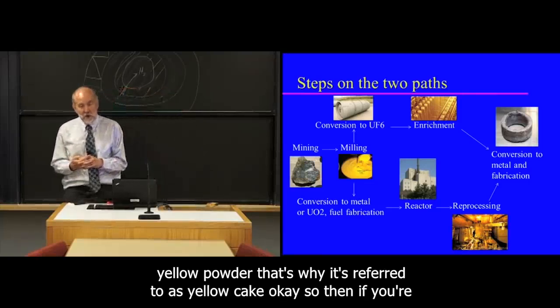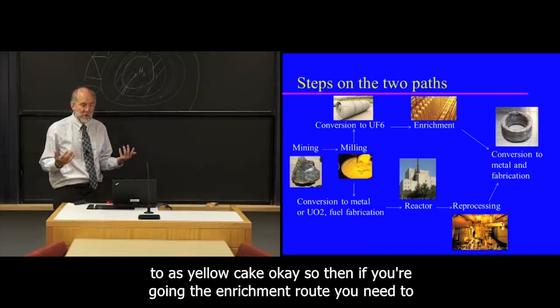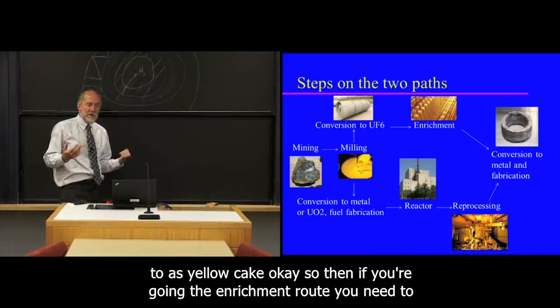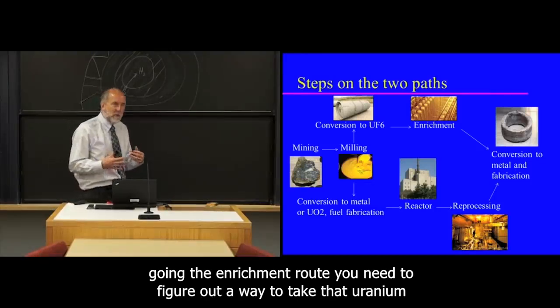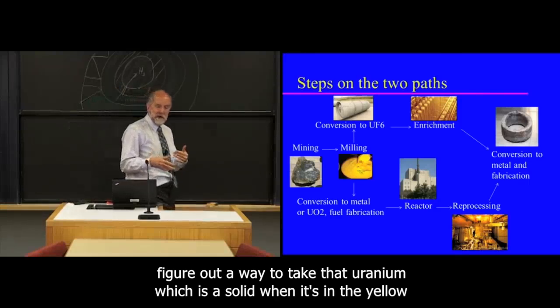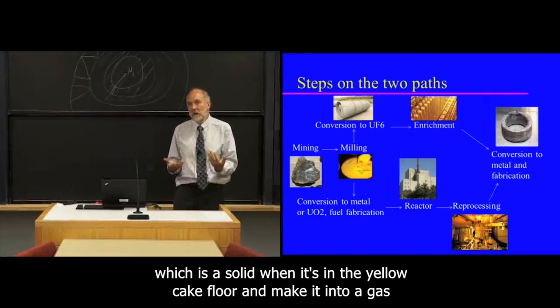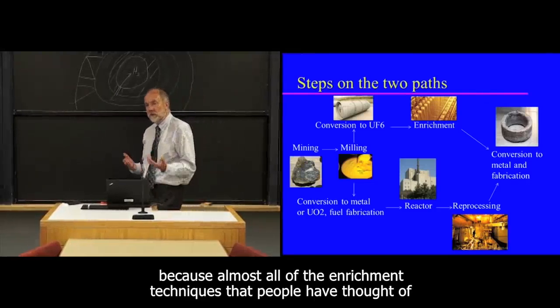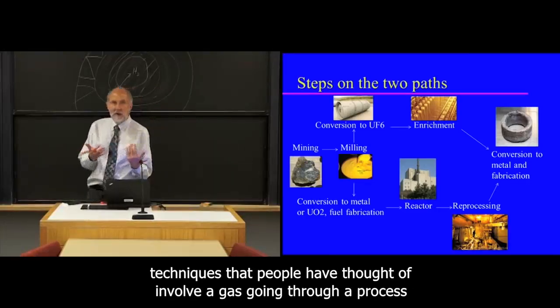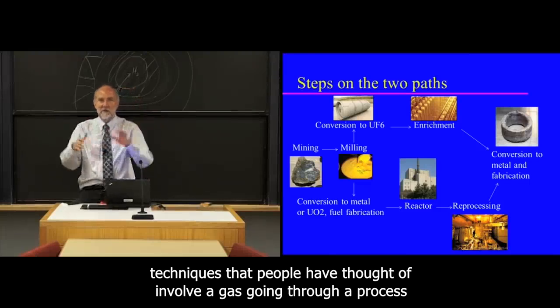So then if you're going the enrichment route, you need to figure out a way to take that uranium, which is a solid when it's in the yellow cake form, and make it into a gas. Because almost all of the enrichment techniques that people have thought of involve a gas going through a process.